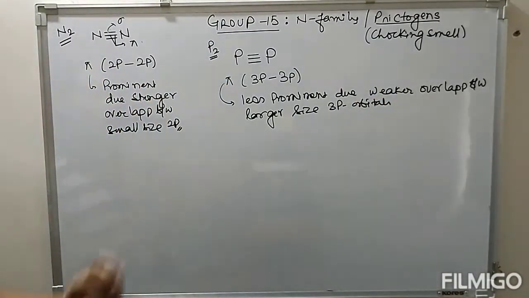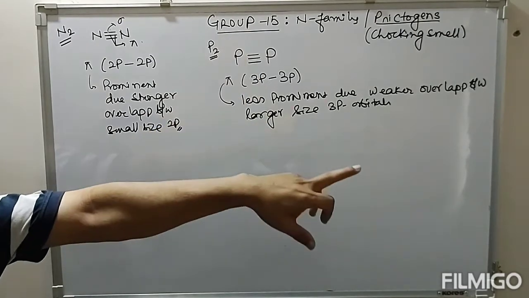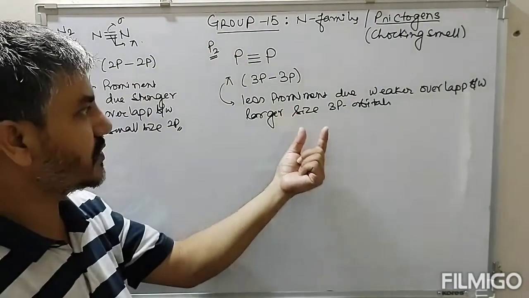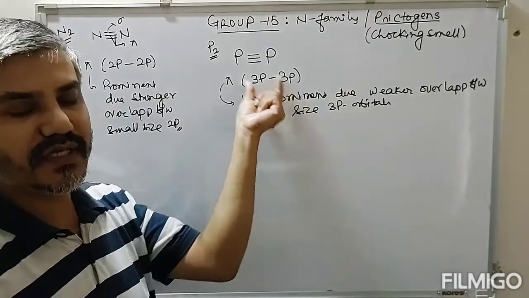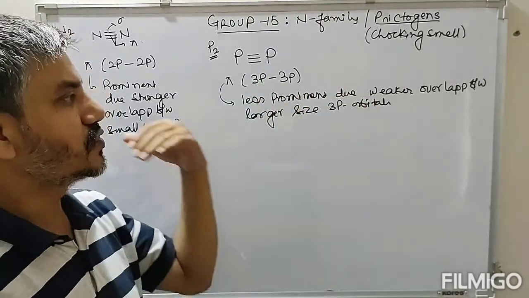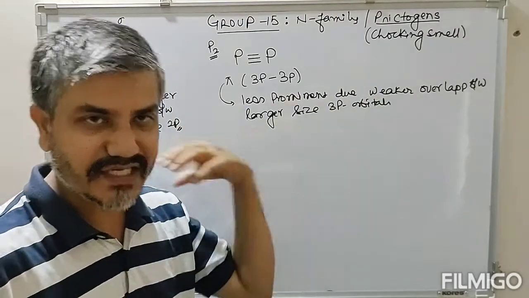So this is the reason why P2 does not exist. P2 does not exist because the pi bond formation between 3p and 3p is very poor. So the pi bond formation is less prominent.